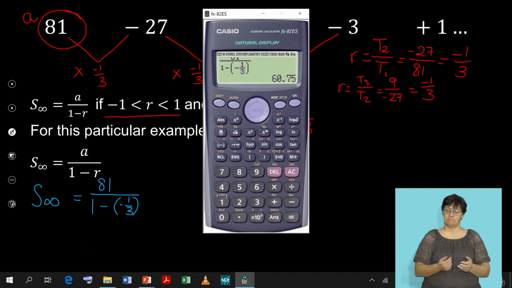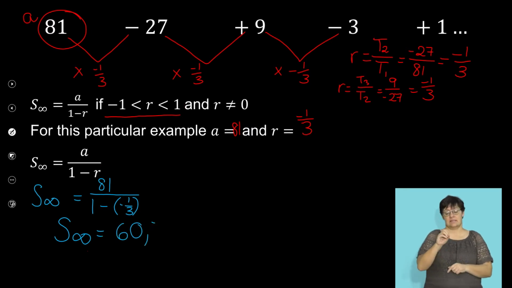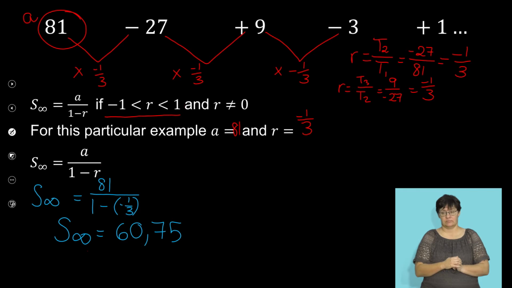So we can see that the sum to infinity of this particular sequence is going to get closer and closer to 60,75. So the sum to infinity is equal to 60,75. This is the number that the terms of this sequence are going to get closer and closer to.